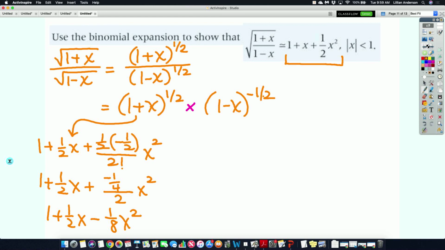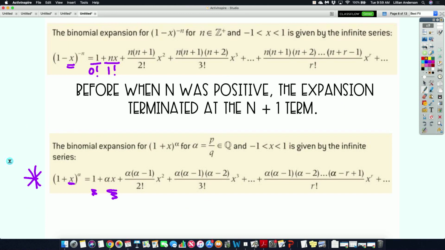Because going back to the formula, hopefully everybody wrote this down, you can only use this formula if n is a, what does z with the plus mean? A positive integer. And is n, that negative 1/2, an integer? That's not an integer. Even if I took off the negative, that's not an integer. So no matter what, I have to use this formula.